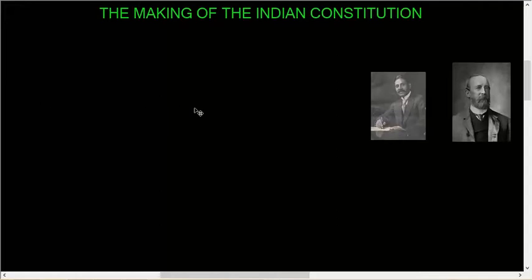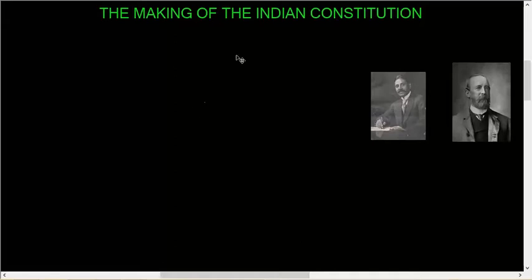So the first thing we're going to talk about is that by 1945, that is by World War II, it was pretty clear that India would become independent very shortly. So around this time, the major political leaders of India had to come up with a constitution to govern India when it became independent.